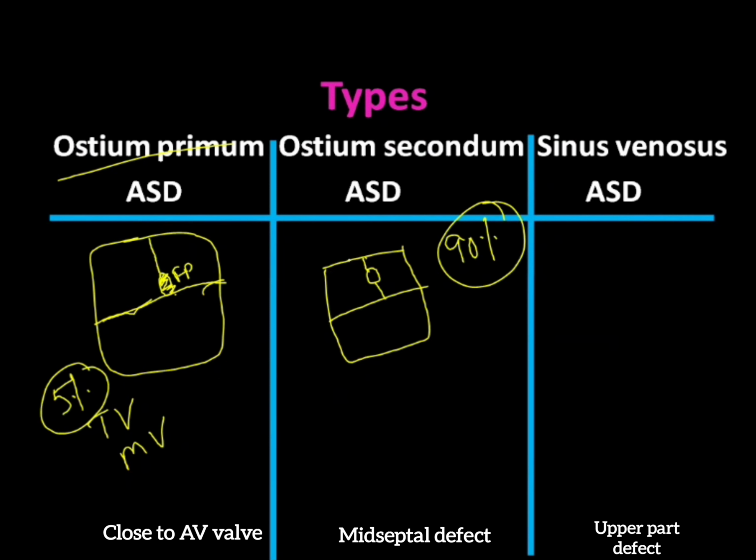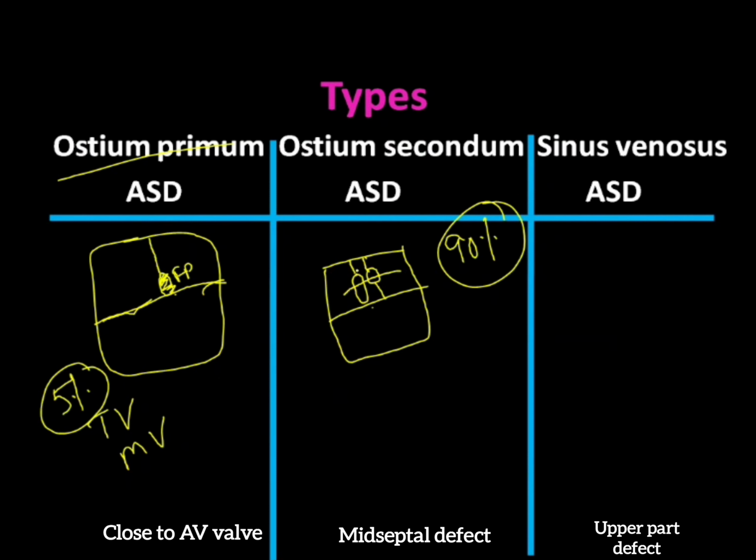Now when the septum secundum is not growing down, when there is a defect in the development of the septum secundum, then this defect, that is your foramen ovalis, is quite big, and you have this continuous communication. So this type of defect, which is because of the decreased growth of your septum secundum, is called Ostium secundum atrial septal defect.